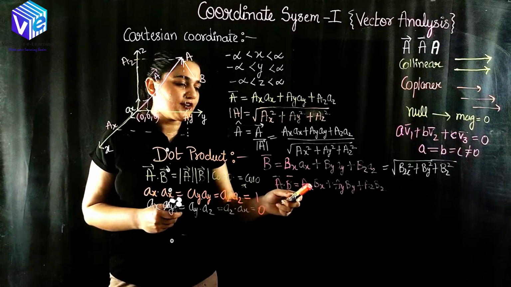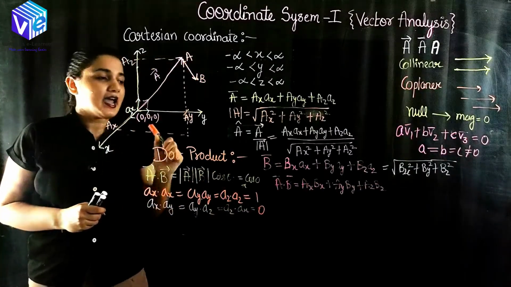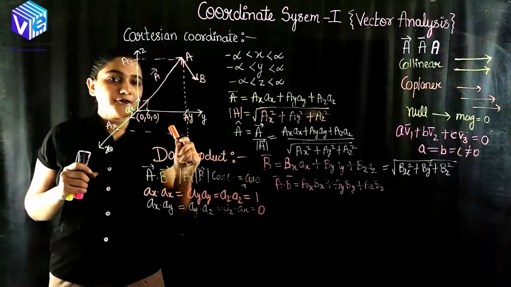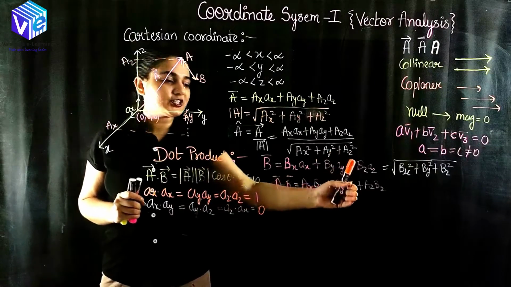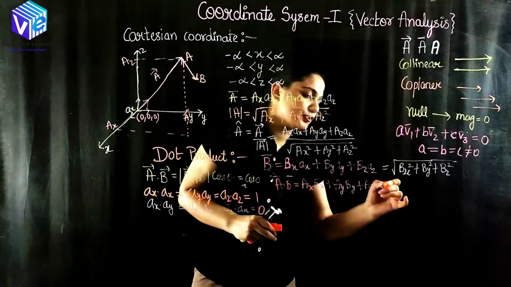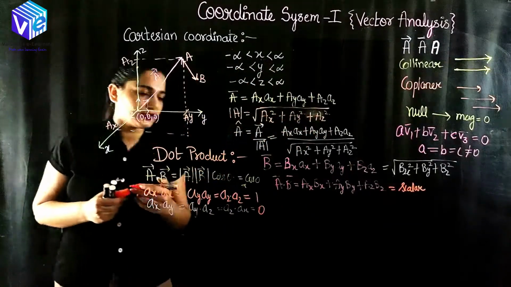So these are the coefficients in the x direction, coefficients in the y direction, and coefficients in the z direction. We'll be adding all of them, and these are just numbers. So the output is a scalar quantity. This is the reason we call it the scalar product also.